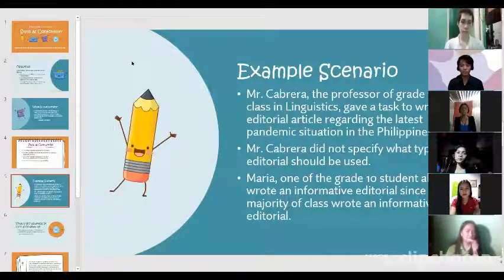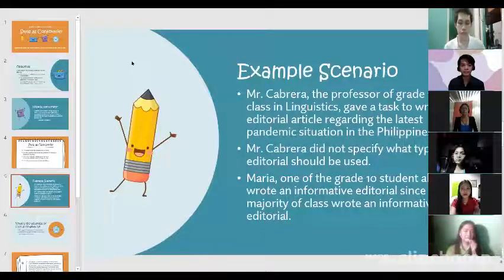She could have made another type of editorial, but in that scenario she decided to conform. So she also used the informative type of editorial. It means that her article gave information, facts, and events regarding the topic, since that is what an informative editorial is. As you can still remember what Miss Andales said a while ago, style as conformity is often strictly enforced.